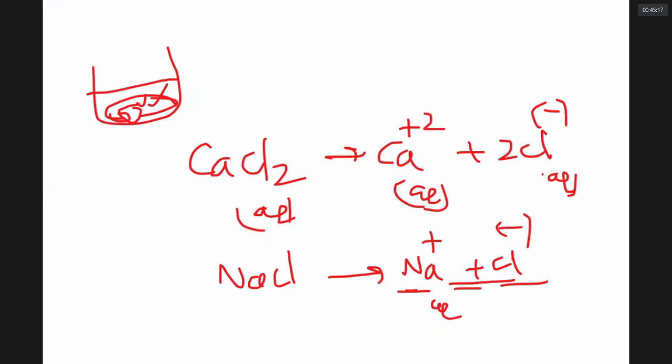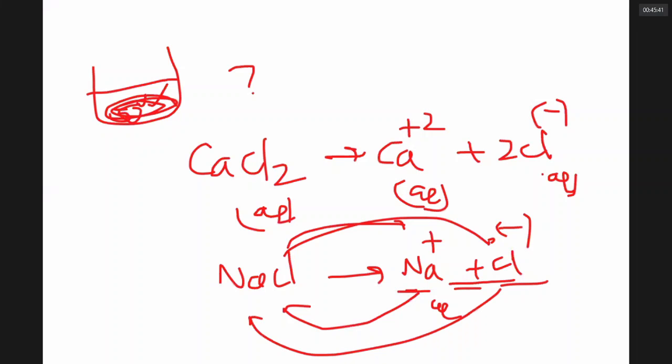If I put a lot of salt, will it dissolve? Answer is definitely it will dissolve. Na+ Cl- aqueous will form, but after some point, as much as it is dissolving, as much is getting precipitated.